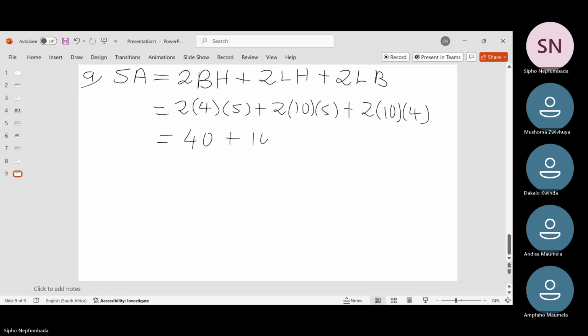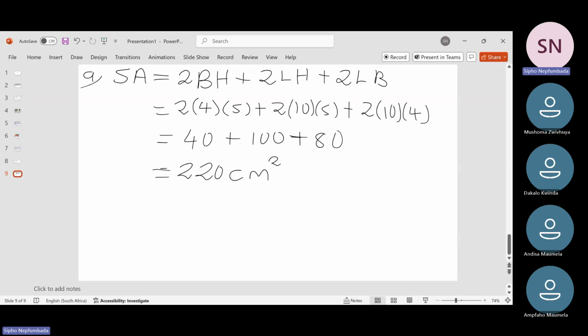plus 100. Is that so? Plus 8. Are we good? Which is nothing but equal to what? When you press equals, what do you get? 220 centimeters square.